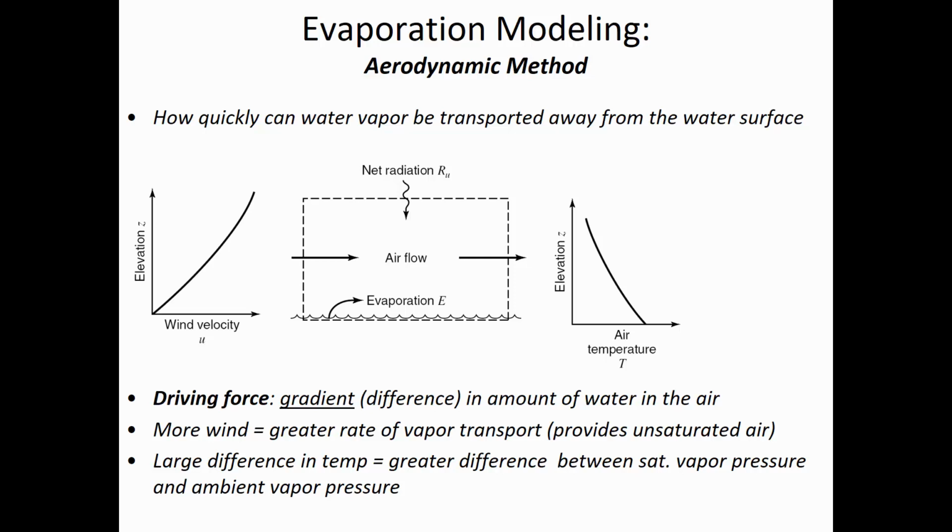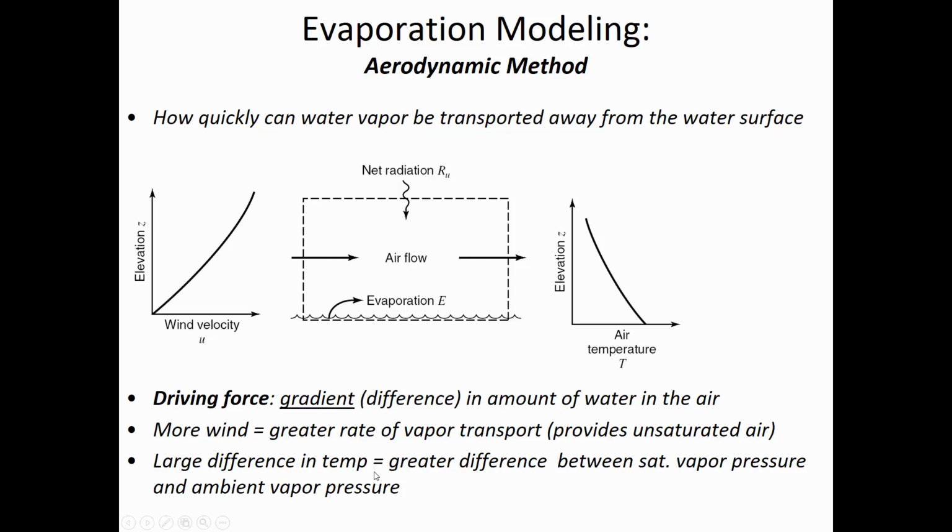The other factor that plays into the aerodynamic method is that as you get further away from the surface, remember that the air is cooling because of the dry adiabatic lapse rate, which is just that as you go up through the atmosphere, the pressure is lower, and so gases are expanding, and as those gases expand, they cool, and so at some elevation the temperature is lower.